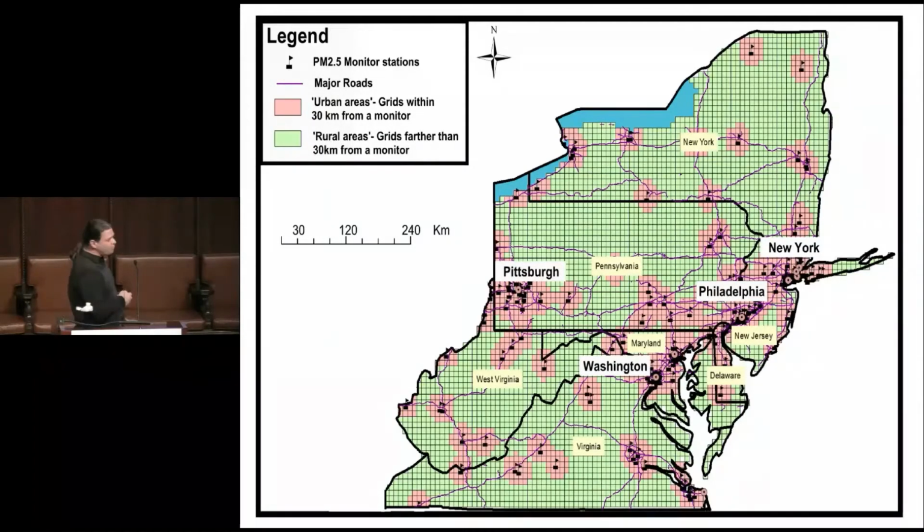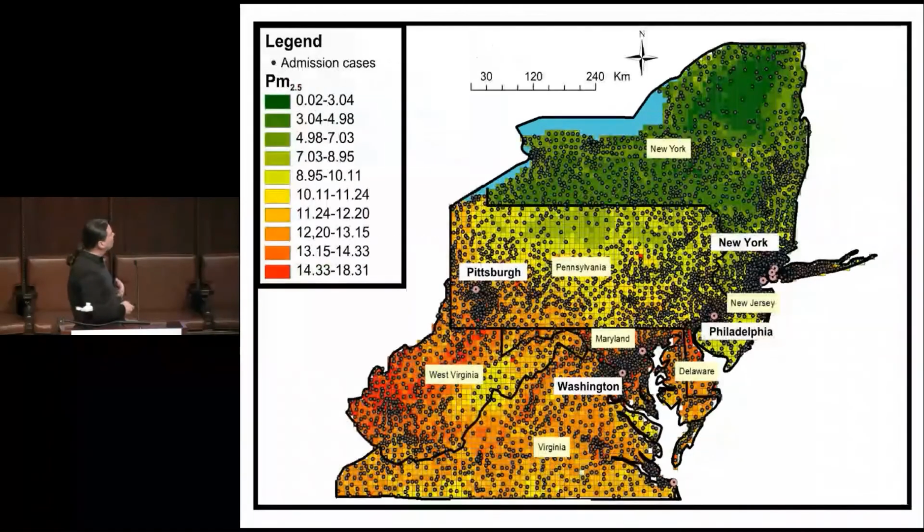I put a buffer of 30 kilometers, even though we know that that's really too crude to be used in studies these days. And you can see that a lot of the population is excluded from the actual study, a lot of the Medicare population. By using a spatiotemporally resolved model, you can include the whole of the population and robustly assign exposure to every single person within the study.